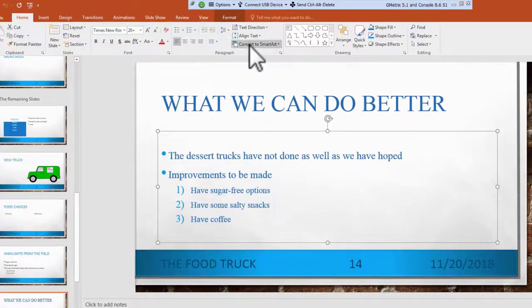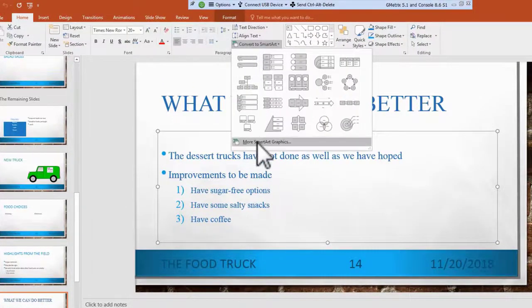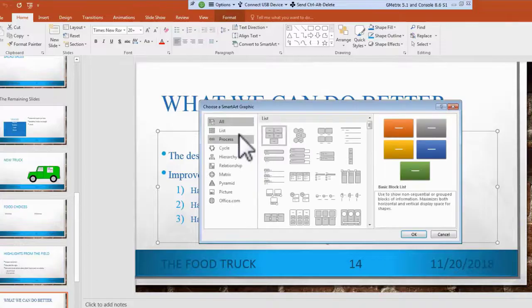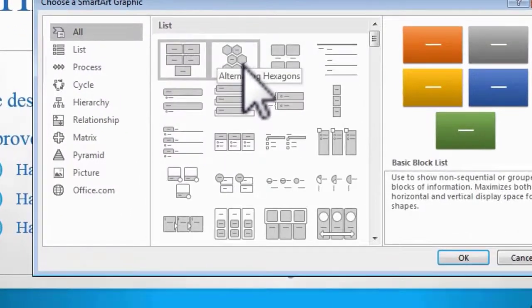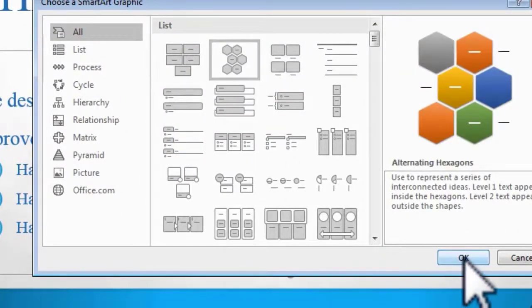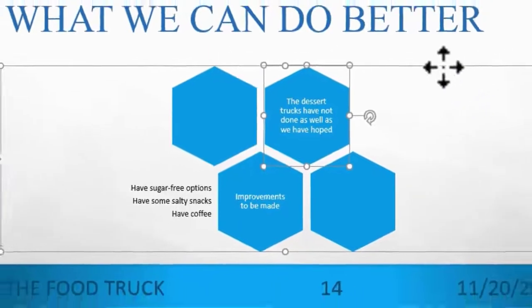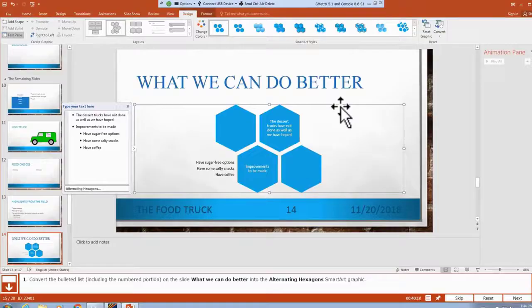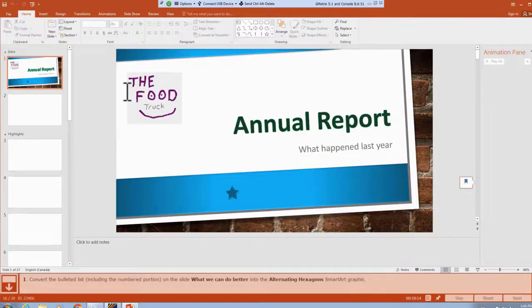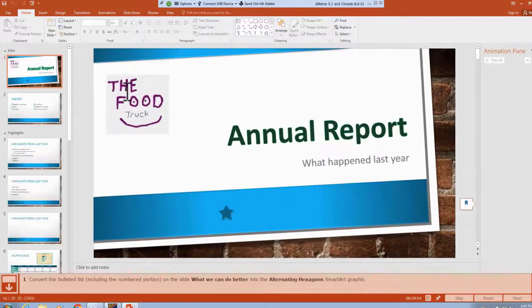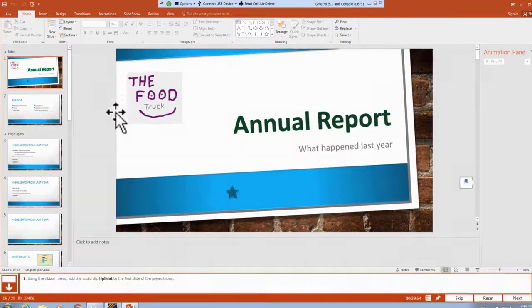Okay, so don't insert, convert to SmartArt. Change these bullet points to SmartArt, convert to SmartArt in the home tab, and then alternating hexagons is in the all categories, and it looks like this. Okay, so convert to SmartArt is in the home tab, and make sure you don't insert over your list.